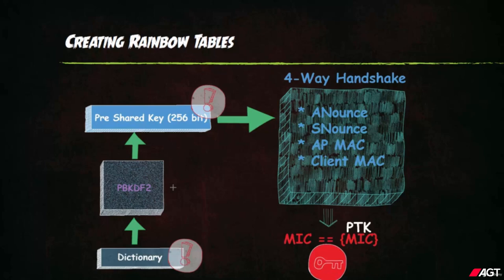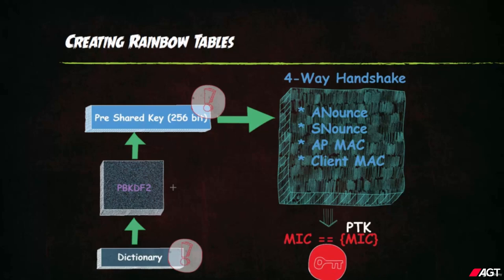In this video, we are going to see how we can create pre-shared keys, and that will make our cracking progress much faster when we get the four-way handshake, right? We are going to create pre-shared keys based on the dictionary which we already have.